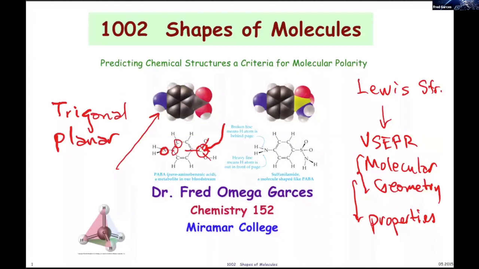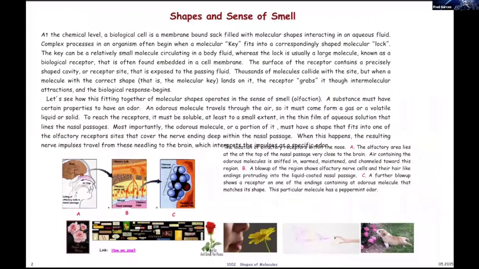For those of you who are going to go into medicine, or maybe into the pharmaceutical field, the shape of these chemicals is very important in terms of their therapeutic properties. It tells you right here that shapes and sense of smell is critical.